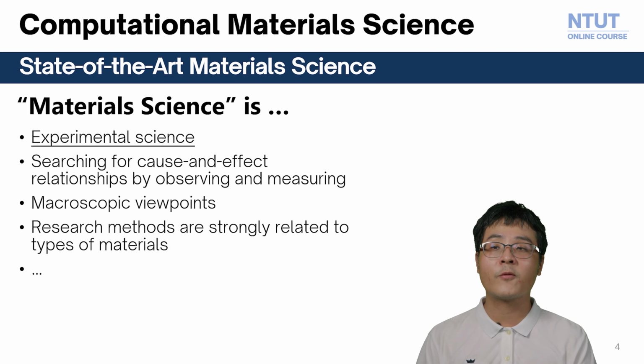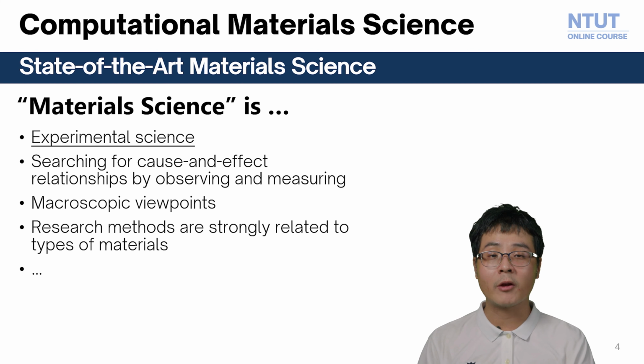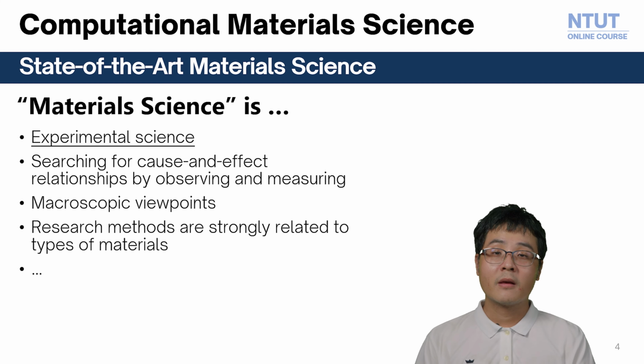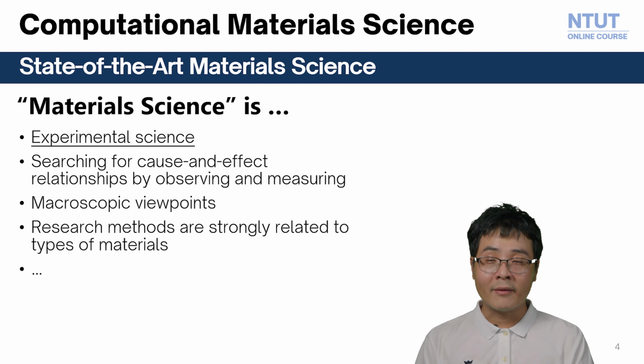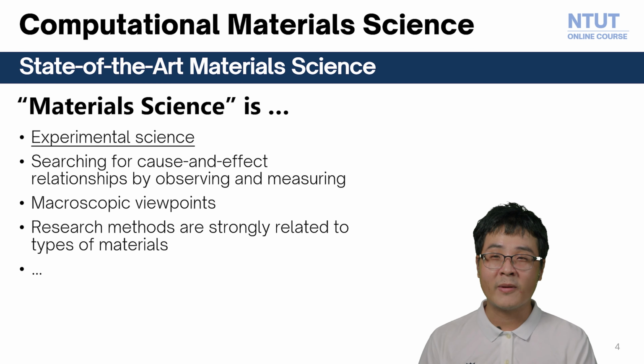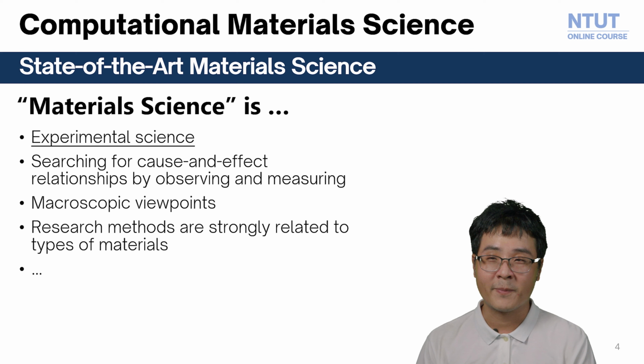And the research method is strongly related to the type of materials. For example, the research method for ceramics or for metal, one of the well-known research methods is the electron microscope. However, we cannot apply analysis by electron microscope on polymer because the polymer would break down in the microscope, and the microscope would also be broken.